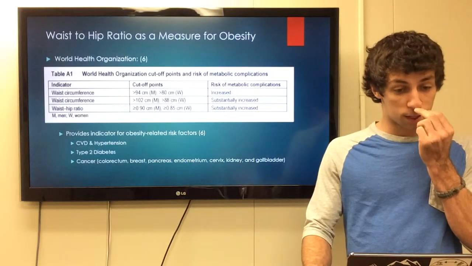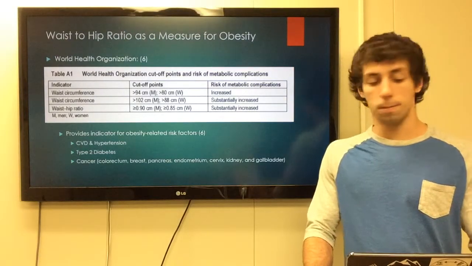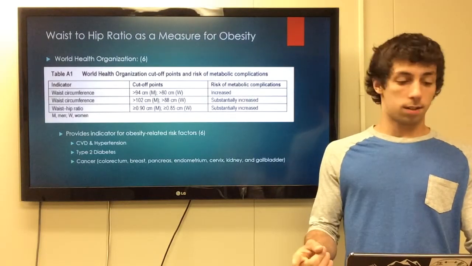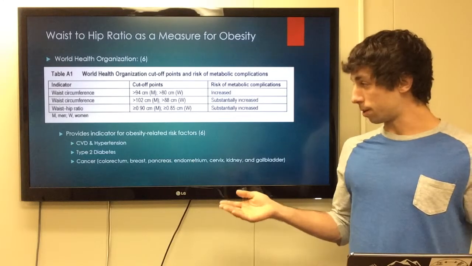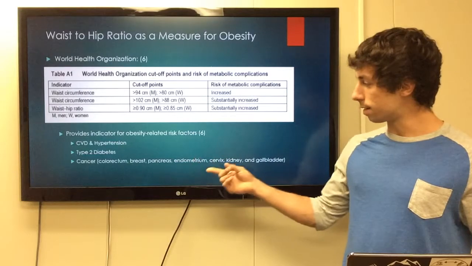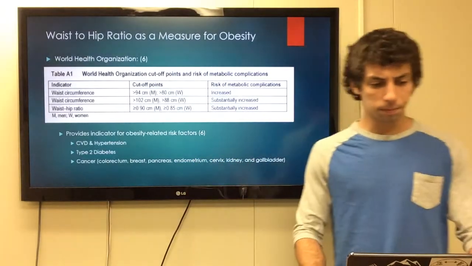And the World Health Organization highlights the major problems with being obese as cardiovascular disease, hypertension, type 2 diabetes, and various forms of cancer such as colorectal, breast, pancreatic, endometrial, etc., etc.